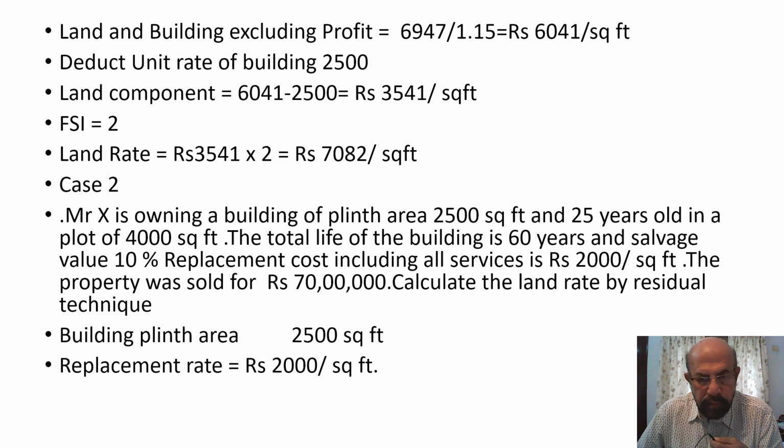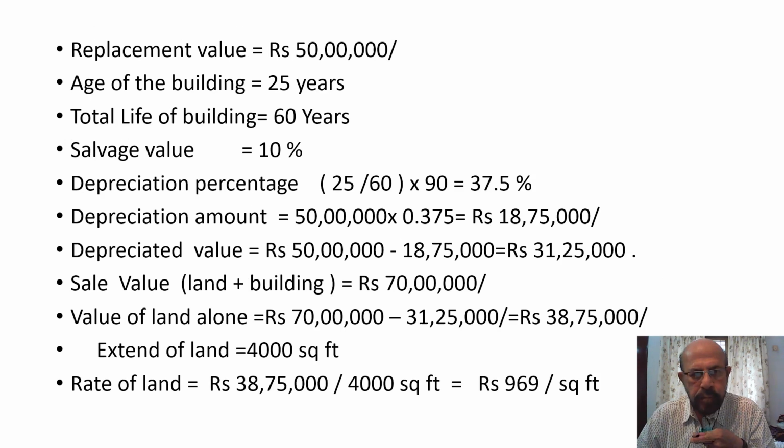Building plinth area is equal to 2,500 square foot. Replacement rate is equal to rupees 2,000 per square foot. Replacement value is equal to 50 lakhs. Age of the building 25 years. Total life of building 60 years.